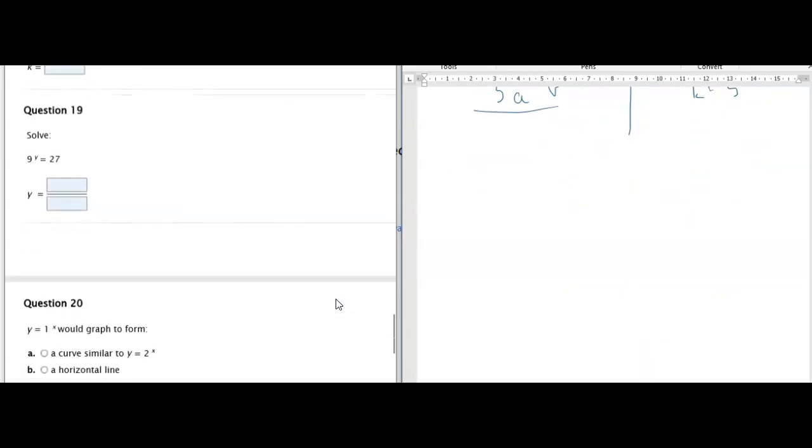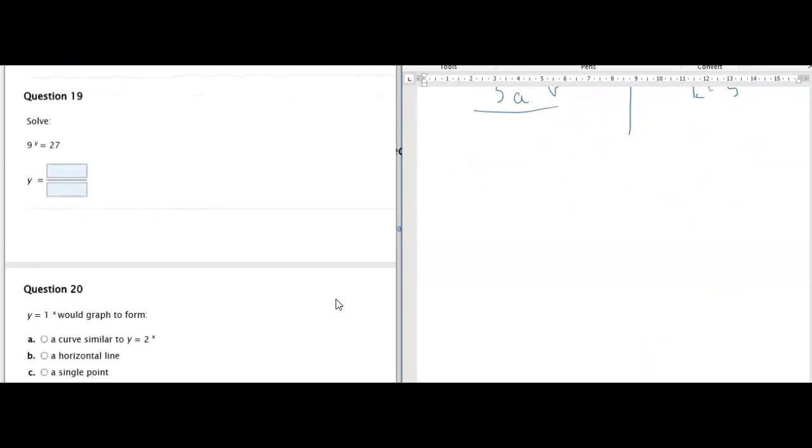All right, 2 more questions. So we have 9 to the power of y equals 27. We have to write both of them to the same base. So 9 I can write as 3 squared, but I need to do that to the power of y. And then 27 I can write as 3 cubed.